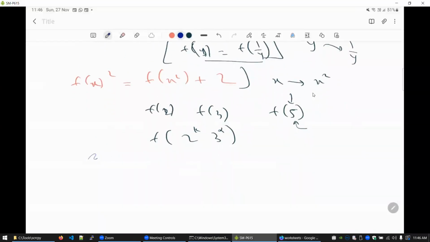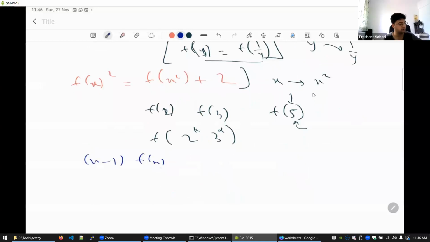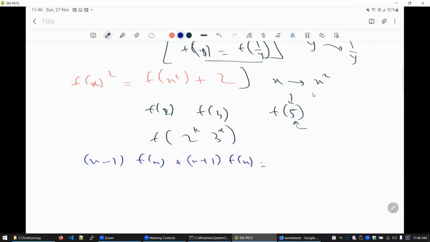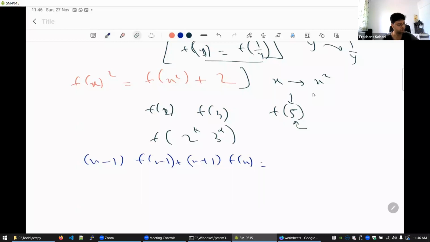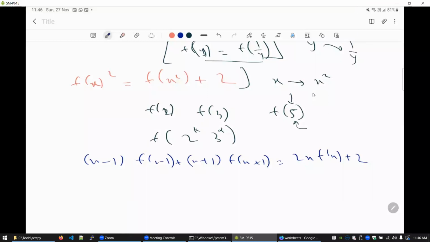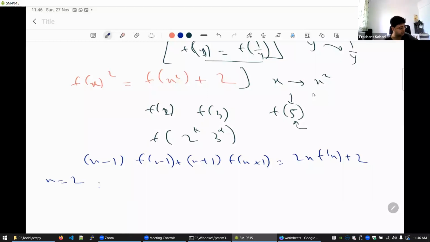The equation is (x minus 1) f of (x minus 1) plus 2 times x f of x plus (x plus 1) f of (x plus 1) equals 0... so now here you're going to put x equal to 2.